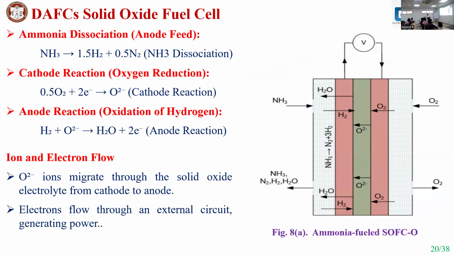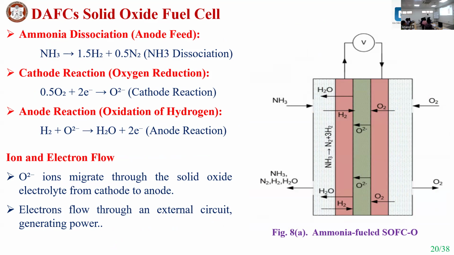When ammonia is dissociated on the anode side, you produce hydrogen. 1 mole of ammonia produces 1.5 mole of hydrogen and half mole of nitrogen if it is completely converted. If it is not completely converted, you can recycle it and send it back.